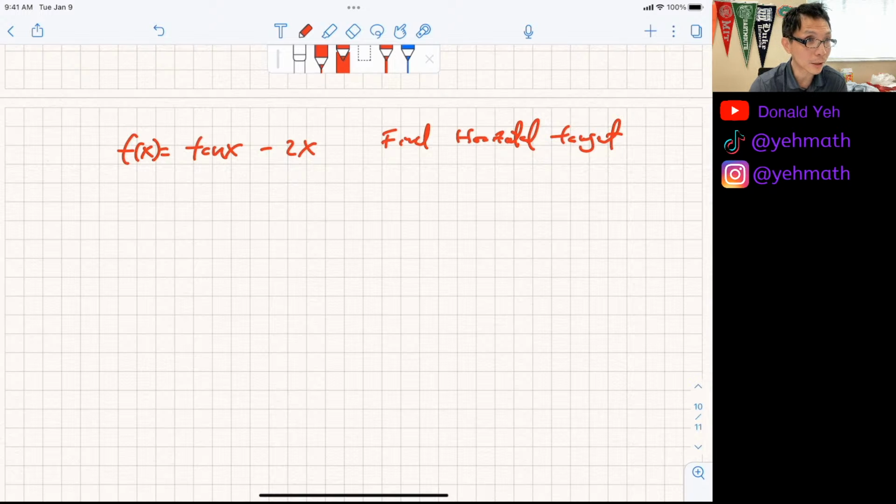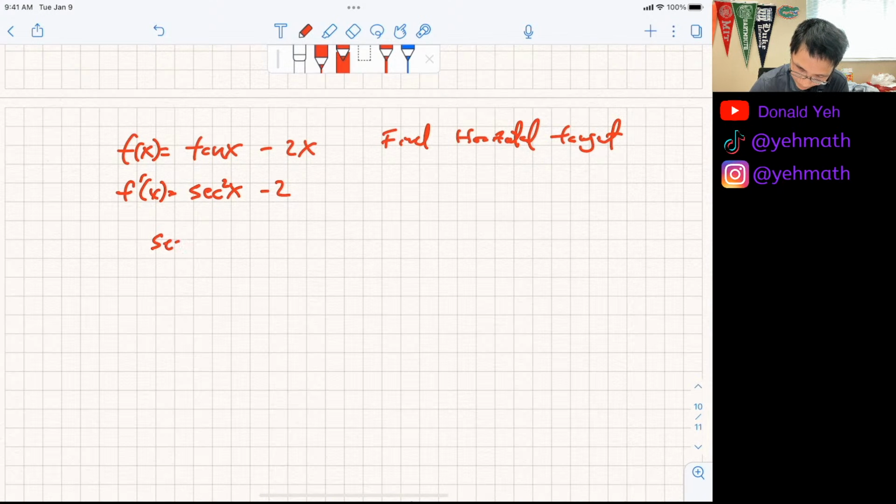How do I find the derivative of this? Excellent. I didn't say it. What else? Minus 2. Okay. So what do I do next? Set equal to 0. Good.